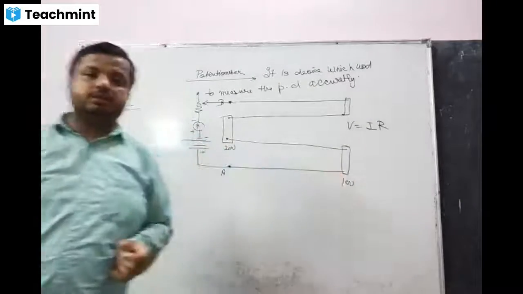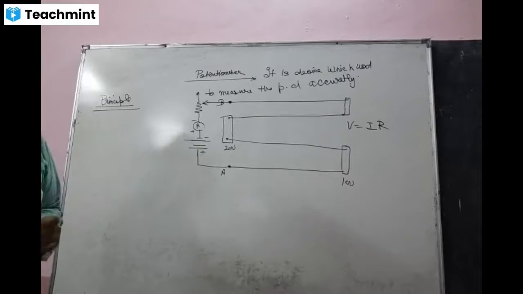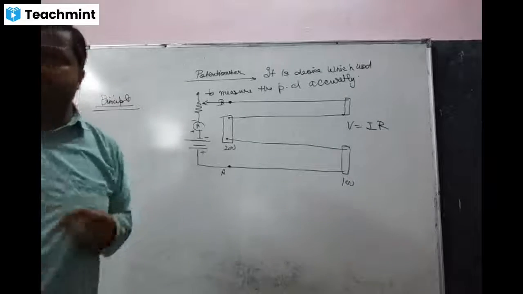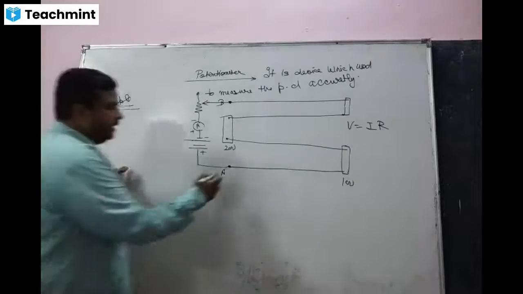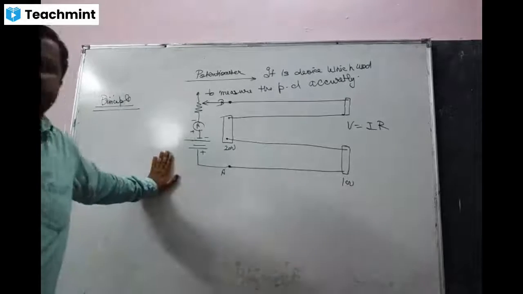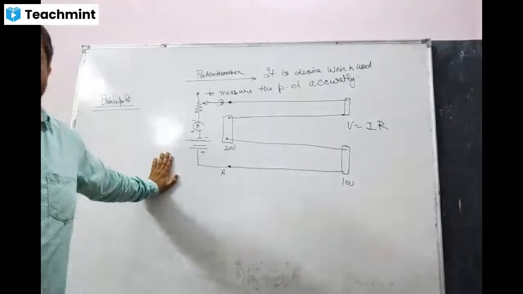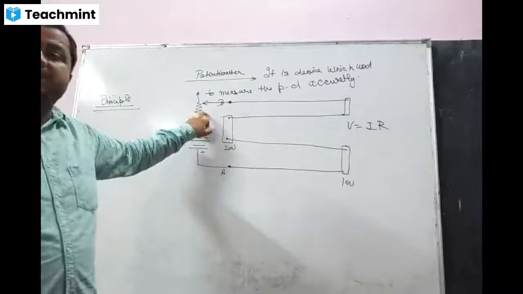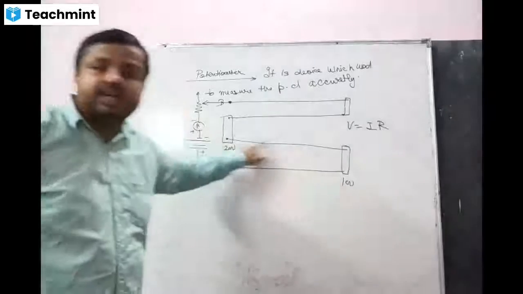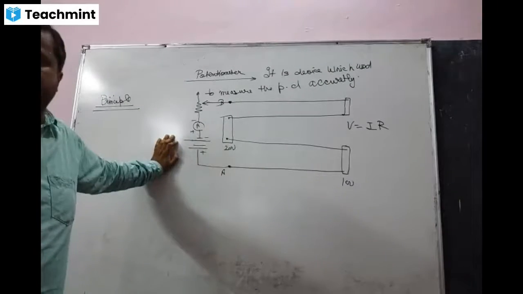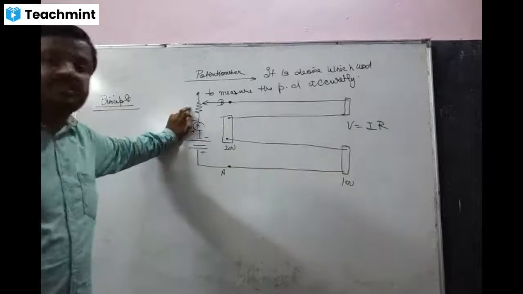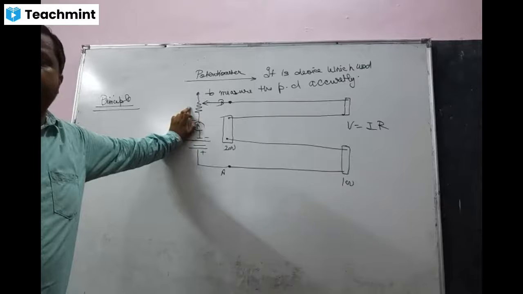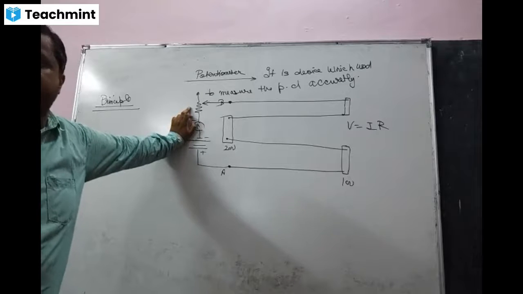The current flowing through the wire is I. A variable resistance is used to keep the current constant with a uniform cross-section area. Since the wire is uniform, the potential difference is proportional.